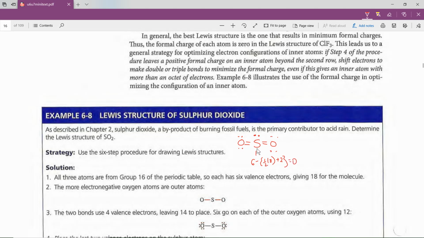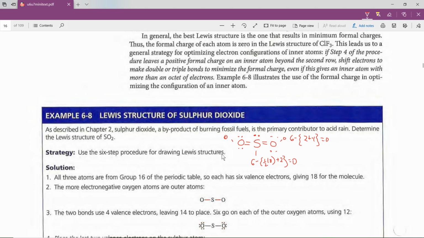So the formal charge on the sulfur is 0, and on this oxygen it's going to be the same as that oxygen. So it's going to be 6 minus a half of 4, so that's 2, plus 4. So 6 minus 6, so that's 0. So you have a formal charge of 0 on all of them. Okay? So that is the dream.